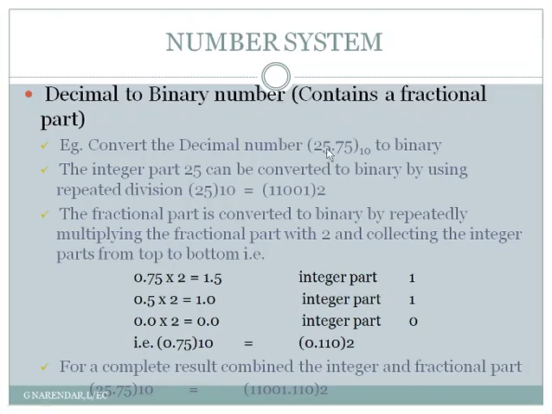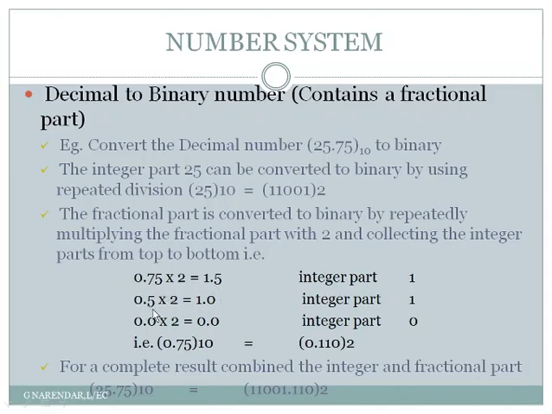Here for this example, the fractional part is 0.75. So 0.75 is multiplied with 2, and we get the product 1.5. In this, the integer part is 1. It should be separated and written side by side. After the integer part is removed, what remains is 0.5.